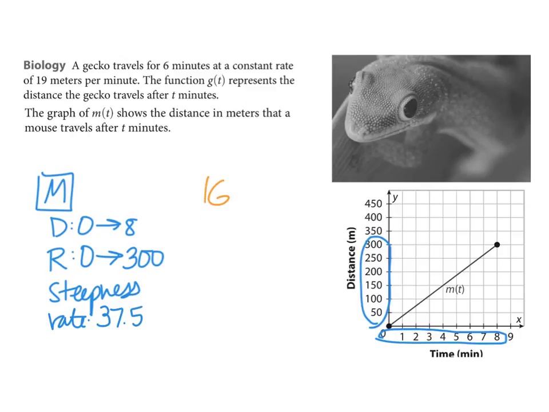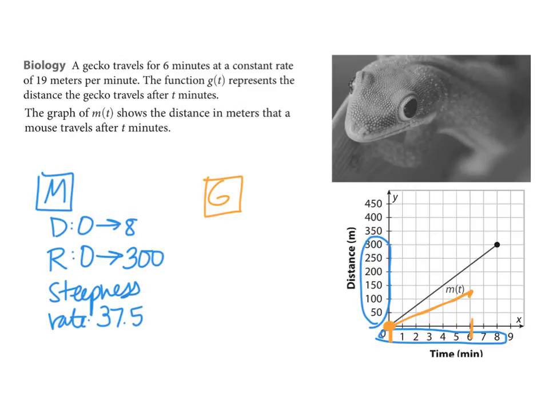For the gecko, they give me the information in the table. It says the gecko travels for 6 minutes at a constant rate of 19 meters per minute. So 6 minutes is how long he's traveling, which means that's the only amount of the graph that I should use, and it's 19 meters per minute. So the gecko's going to start at 0, and if I do 6 times 19, I get 114. So 6 times 19, if I graph that, let's see, 114, that's down here.